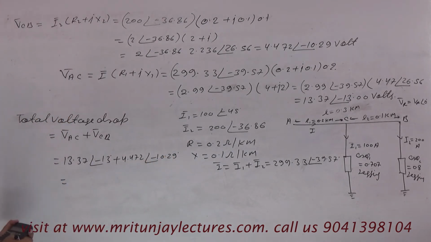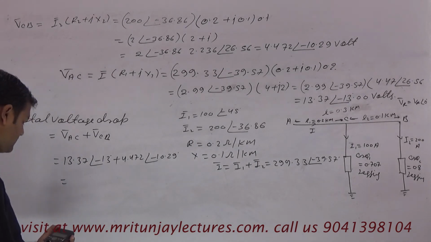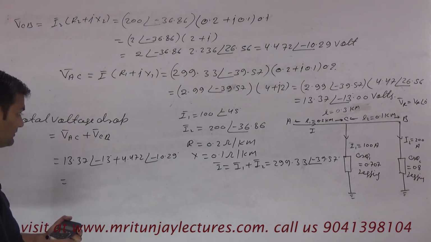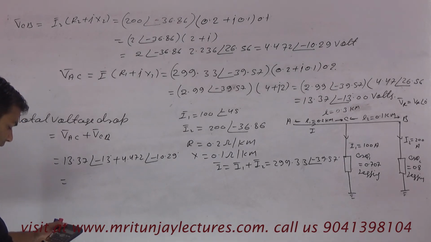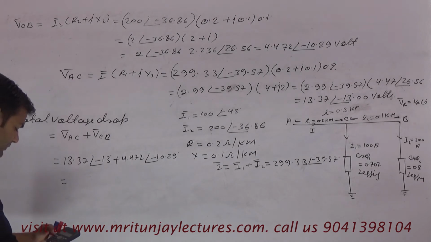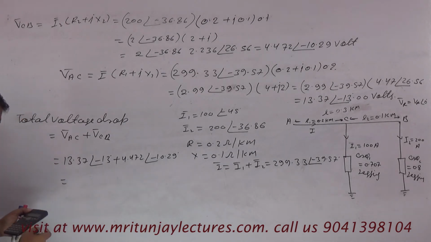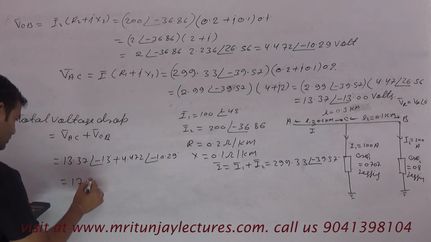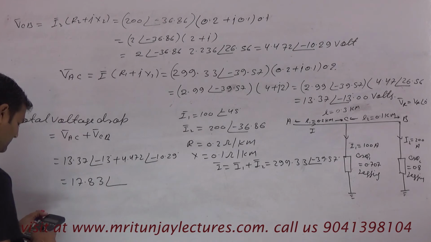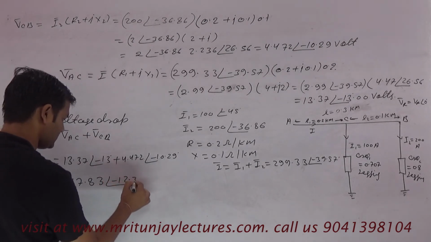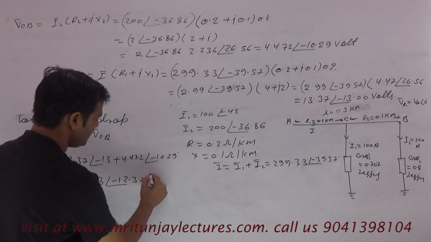So finally it is converted into polar form, that is 17.83 at the angle minus 12.32 volt.